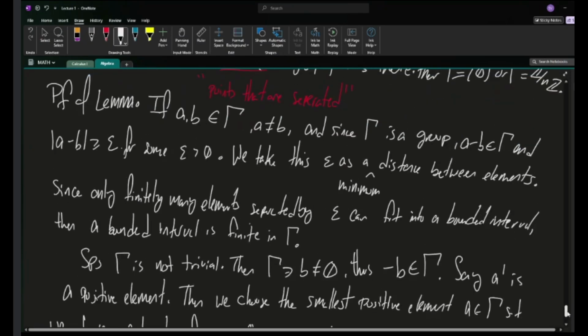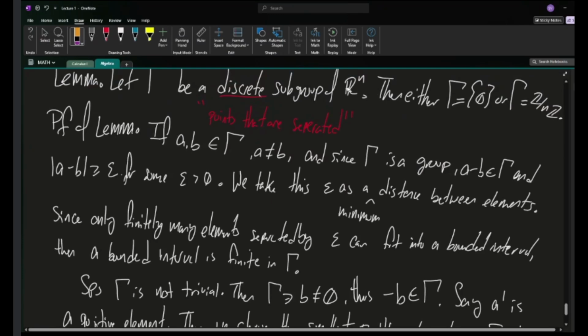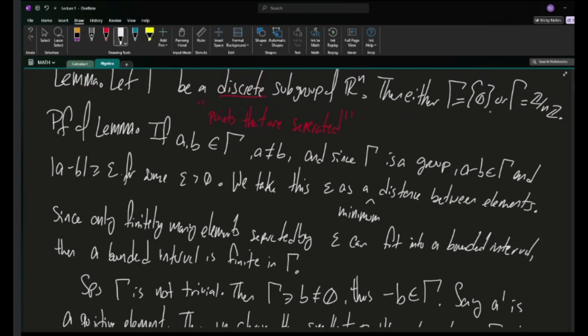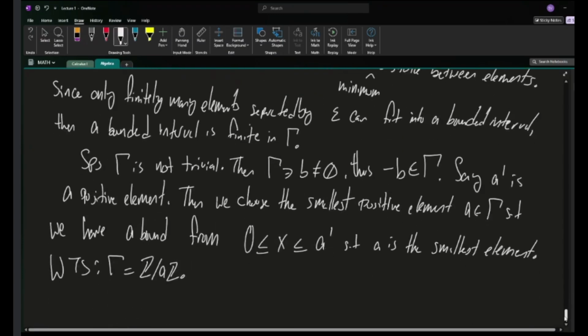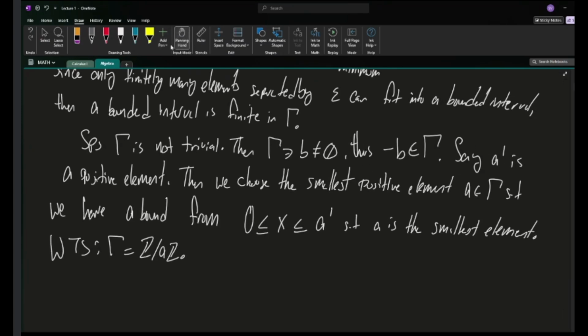God, you're right. And we're just trying to prove, yeah, yes, we are dealing specifically with the real numbers. Okay, you're right. So a prime is a positive element. This could be any sort of positive element.